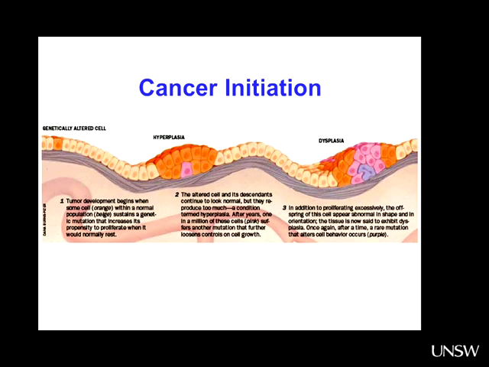It causes it to start replicating when it shouldn't. Still looks normal, still has the right shape, but now it's replicating more than we should. And that's the condition you may know as hyperplasia. Cell still looks normal, but it's replicating more than it should.